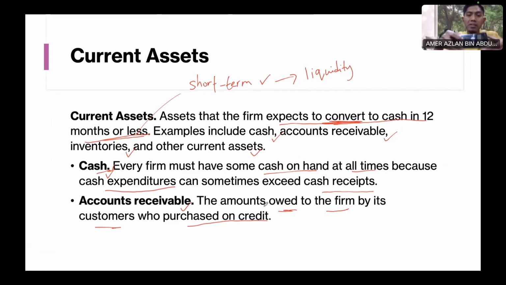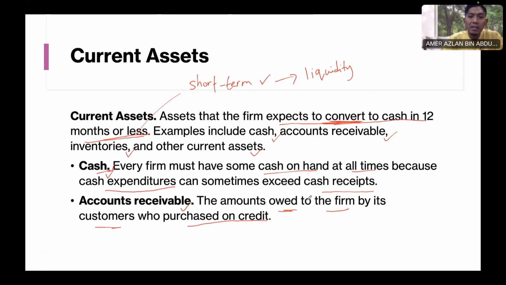Dia membeli secara hutang. And this customer is expected to pay the money back to you, let's say in 30 days of time. So it's a money soon to be received by your customer. Okay, that is account receivable.